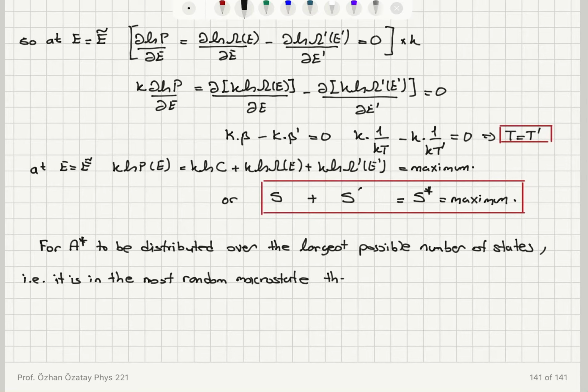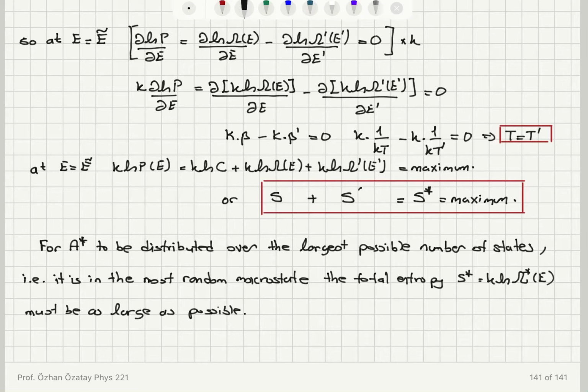The total entropy S star, which is k ln Ω star at this energy E, must be as large as possible.